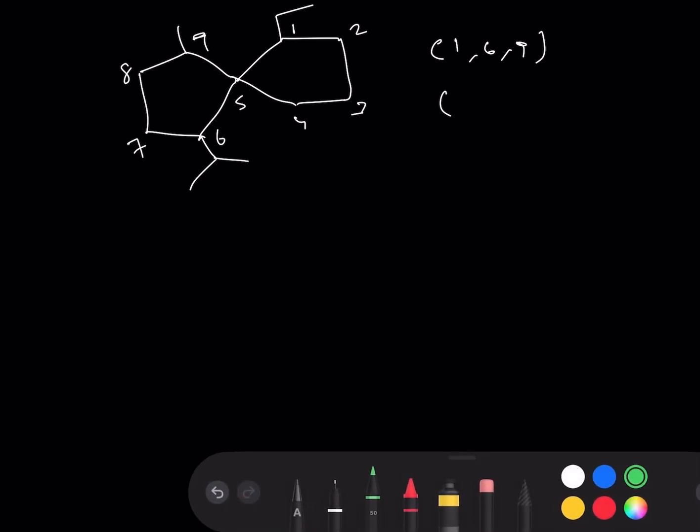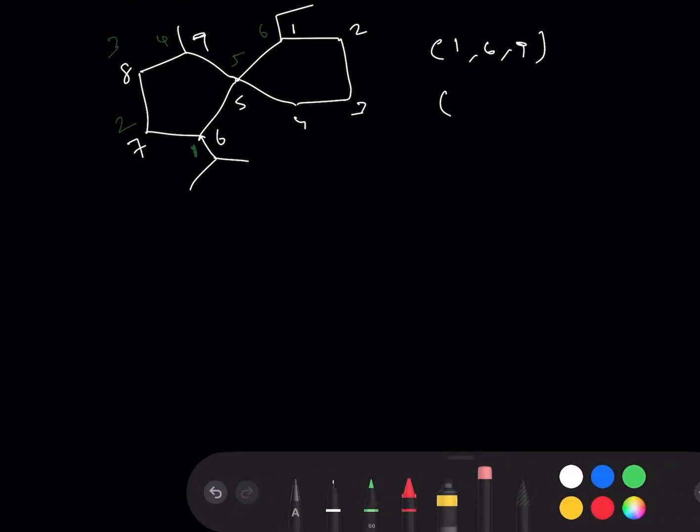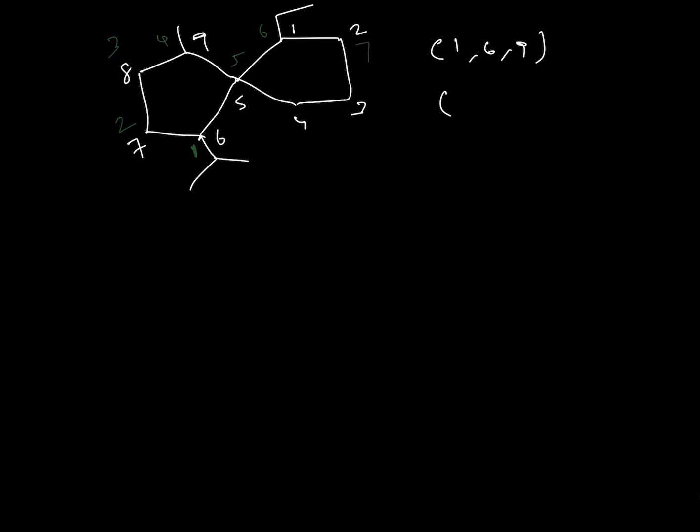Let's say if you start numbering basically starting from the isopropyl group first, 1 and then 2 and then 3, then 4, and then this is 5, then this is 6, and then, sorry, this becomes 7, this becomes 8, this becomes 9.